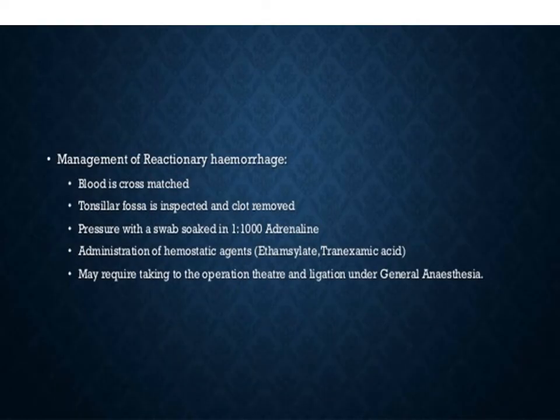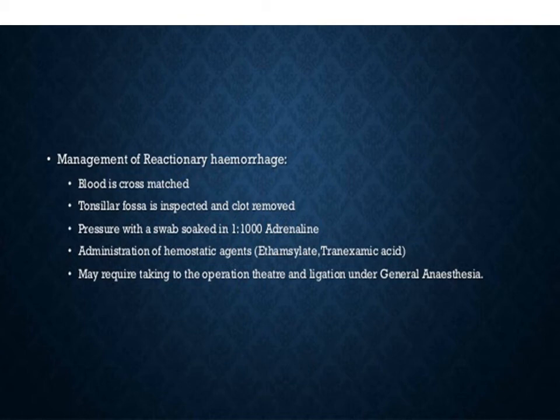So how do you manage reactionary hemorrhage? For any hemorrhage in the body, learn that if they ask what is the treatment or the management, you should say the first aid, and you should say the priority for the first aid. Blood is cross-matched, the tonsillar fossa is inspected and the clots removed to permit the superior constrictor to constrict on the bleeding vessel.